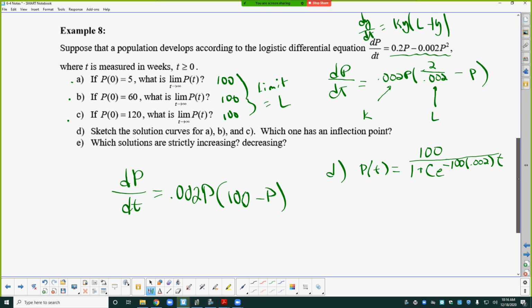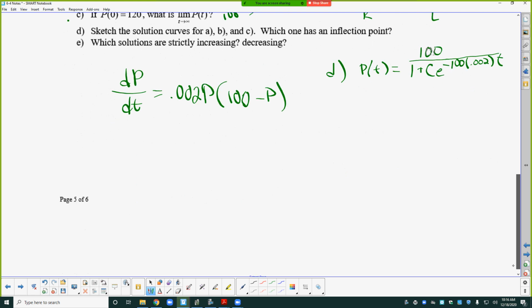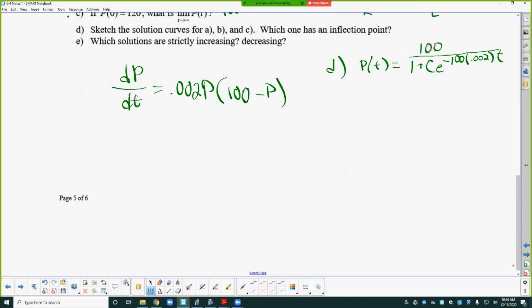Now I get to find C. I'm going to find C by substituting in that 0.5. 100 times 0.002 is negative 2/10.